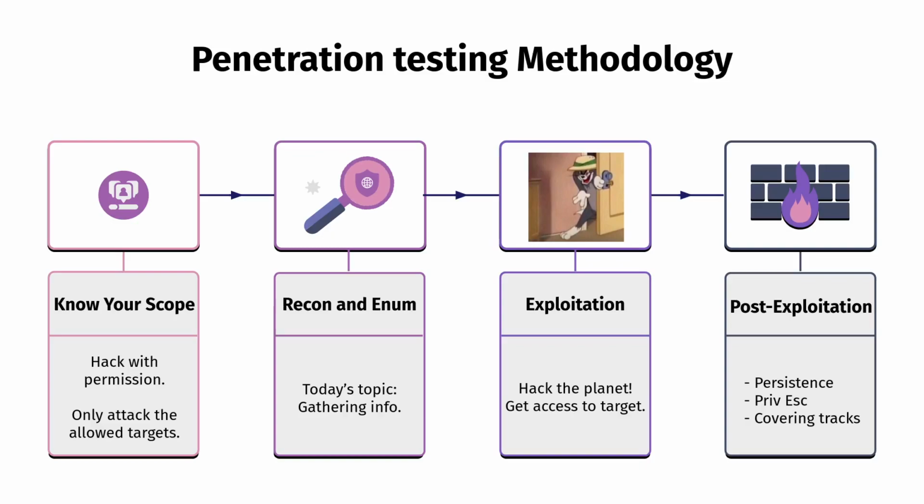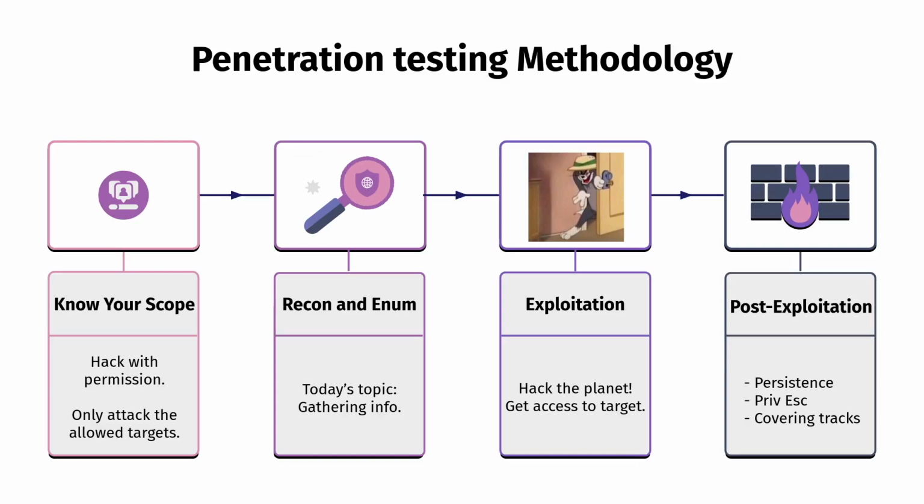Essentially, it's just gathering info about the target. After you've gathered info, you can go to the exploitation phase, where you actually run your attacks and gain initial access. And then there's the post-exploitation phase, which is really vague, really broad, and anything that comes after exploitation is basically lumped together here.